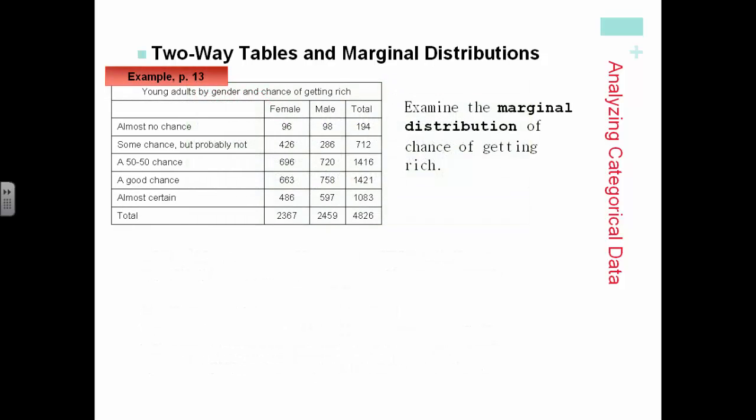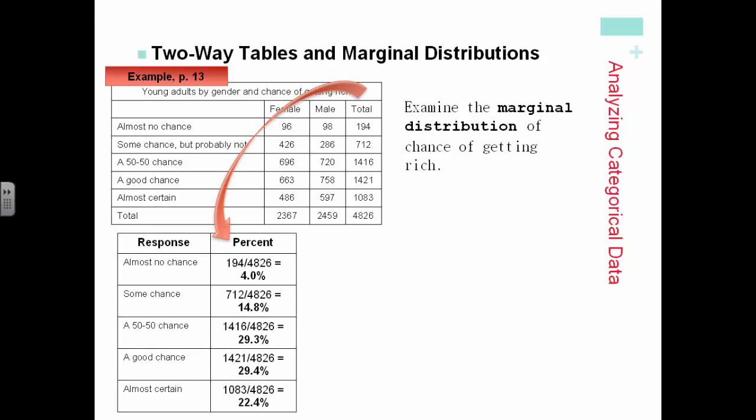Here's an example of two-way tables and marginal distributions. For the total, we take the total of the category, for example, almost no chance, 194, out of the total, which is 4,826.